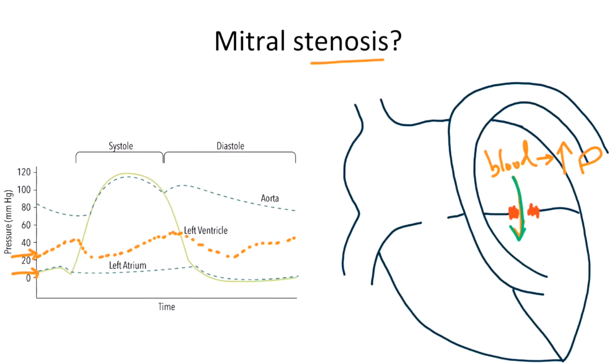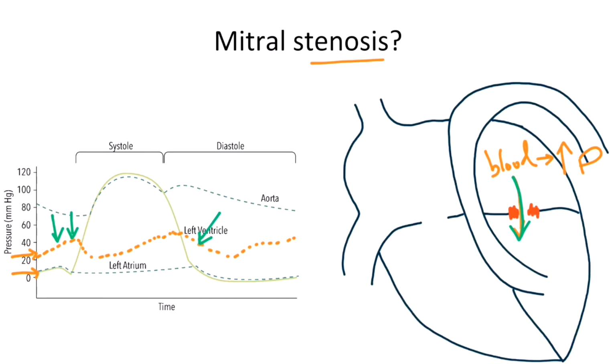Again, I'll draw this arrow in, showing blood moving from the left atrium to the left ventricle. Because the volume in the left atrium is decreasing during early diastole, we'd expect the pressure to decrease, which I'll draw here. Notice here, a little bit later during diastole, that the pressure begins to rise.